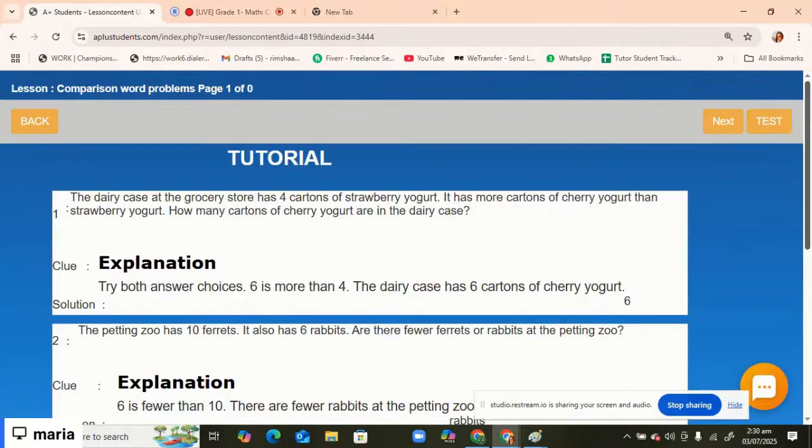They are saying that strawberry yogurts are 4 cartons and cherry yogurts are more than that. So it's our choice. We are just going to take the cherry yogurts more than the strawberry yogurts. Okay, so strawberry yogurts is already given. This is 4, so maybe the cherry is 5, 6, or 7.